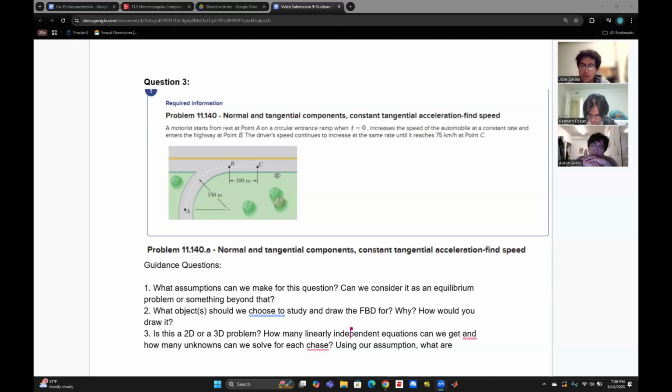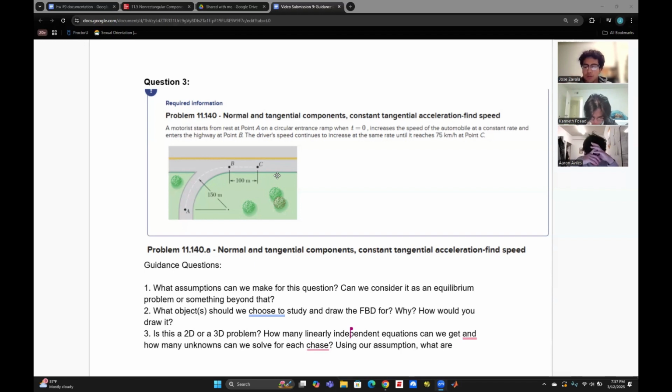The velocity at point B is 62.83 kilometers per hour, or 17.4 meters per second, which is greater than the overall velocity. So this told me we had to find the acceleration using the tangential acceleration and the normal acceleration, and then take the magnitude of those two.